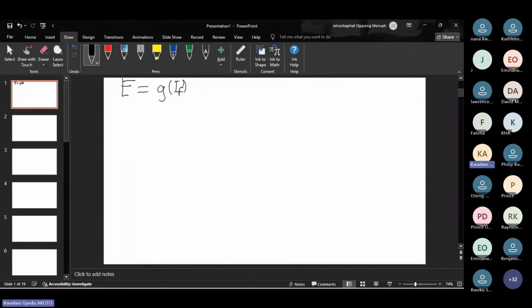And our open circuit curve, G of IF, has been given to us, right? And we also know that on no load, V is approximately equal to E. And we know that on no load, V is equal to IF RF, right?